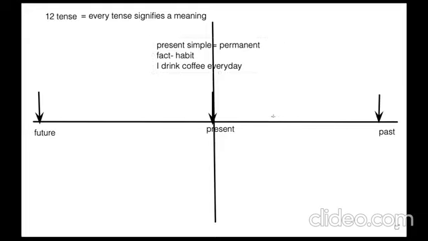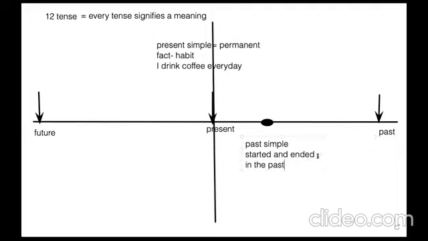What about the second tense, the past simple? The past simple will be a dot in the past, right? It's an action that started and ended in the past.